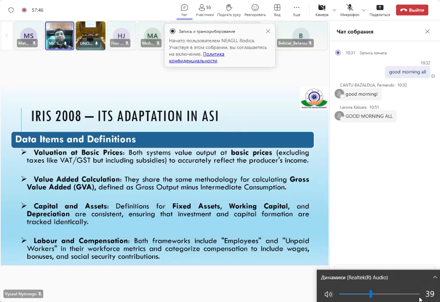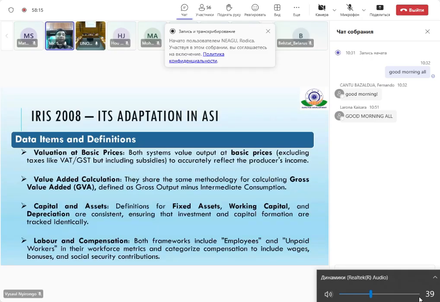Value-added calculations: we follow the same methodology for calculating gross value added, defined as gross output minus intermediate consumption, because we are also following the production approach as mentioned in the SNA as well as in IRIS 2008. Capital and assets: we define fixed assets, working capital, and depreciation consistently, ensuring that investment and capital formation are tracked identically.